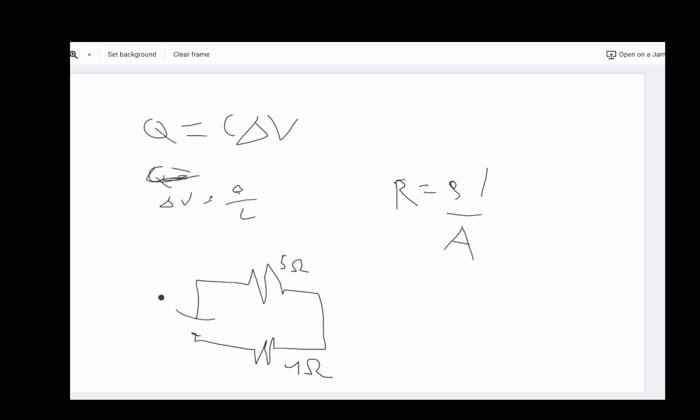Obviously, this means that the potential on the battery, assuming the battery has no internal resistance, should be 9 volts. That's it for resistance. That's it for parallel circuits. That's it for series circuits, I believe.